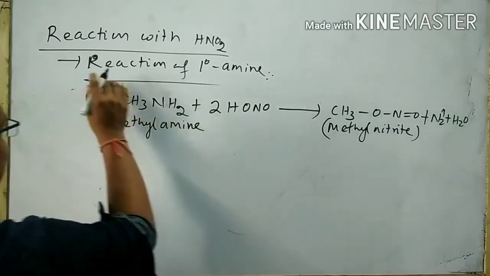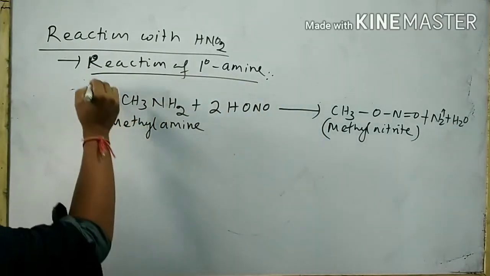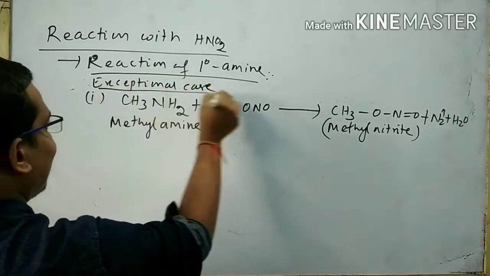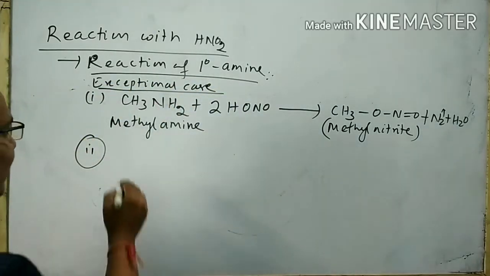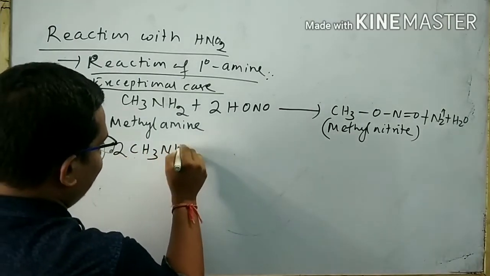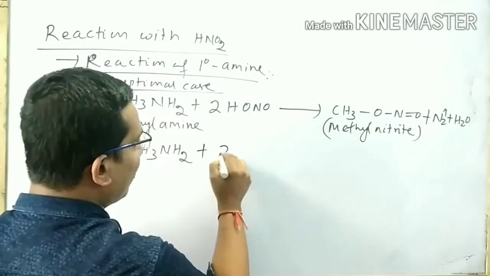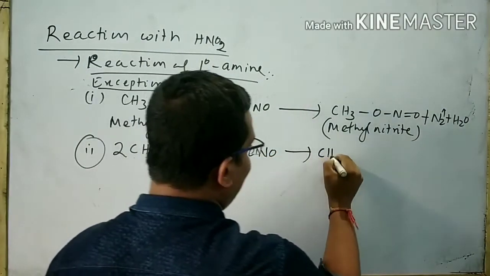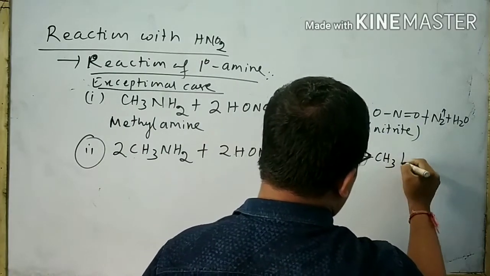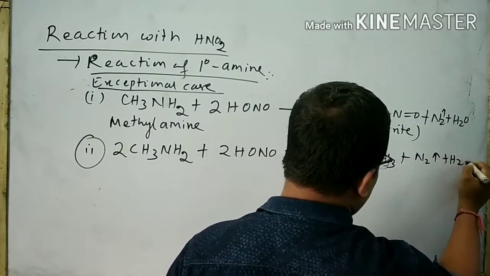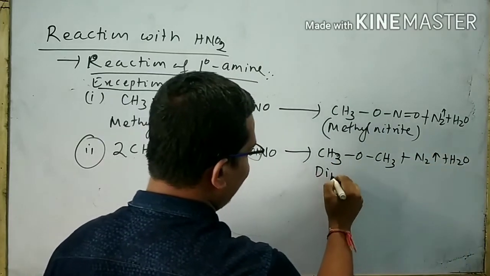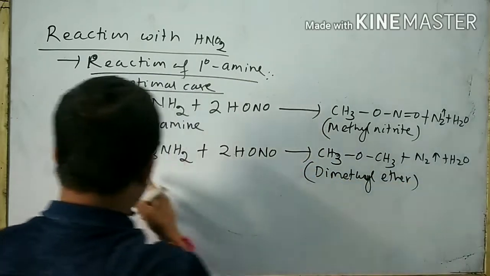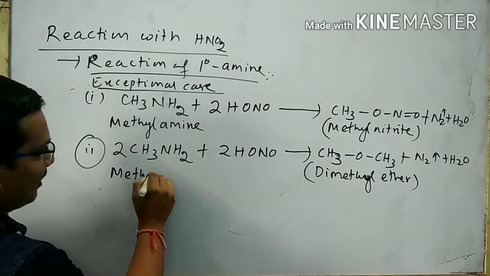These are the exceptional cases for methylamine. Similarly, when I take 2 molecules of methylamine and it is subjected to reaction with 2 molecules of HONO, that is HNO2, then it gives dimethyl ether, and the byproducts are nitrogen and water. The name of this compound is dimethyl ether. The name of this compound is methylamine.